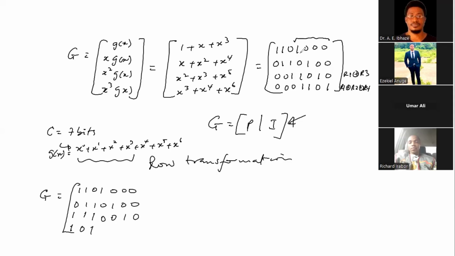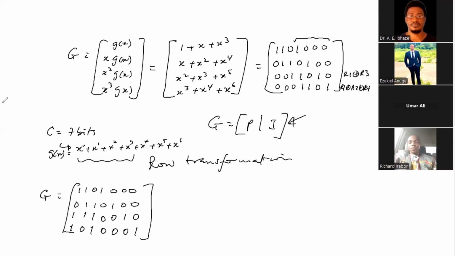And then the fourth now, 1 plus 0, 1 plus 1, 0. Then 0 plus 1 is 1 plus 1, 0. Now 0 plus 0, 0 plus 0 is 0. And then 0 plus 0, 0 plus 1 is 1.